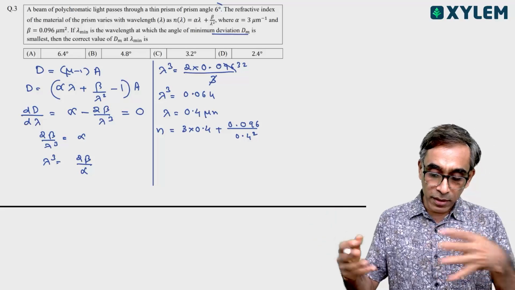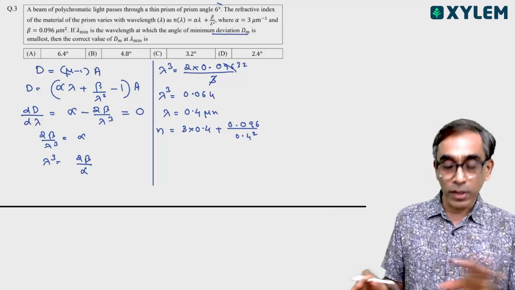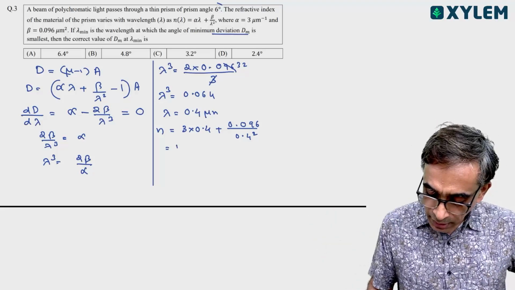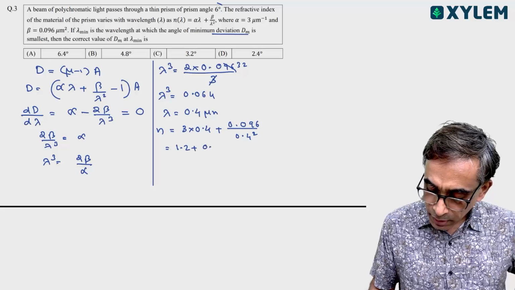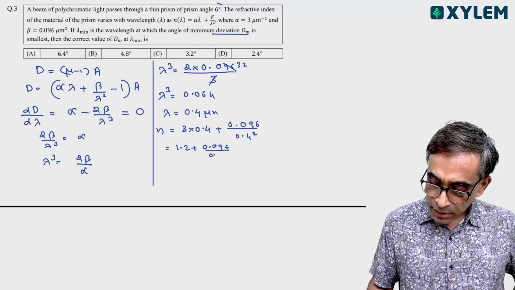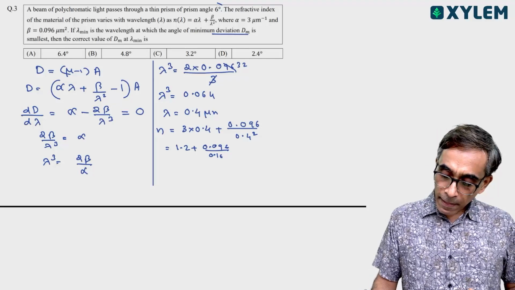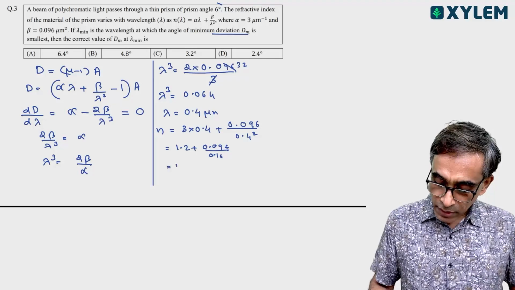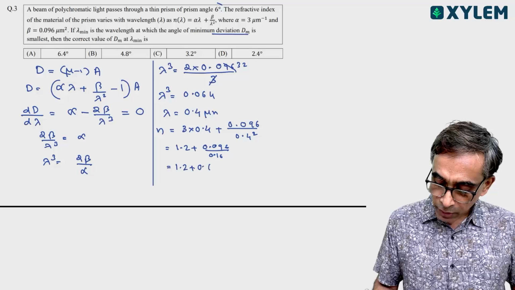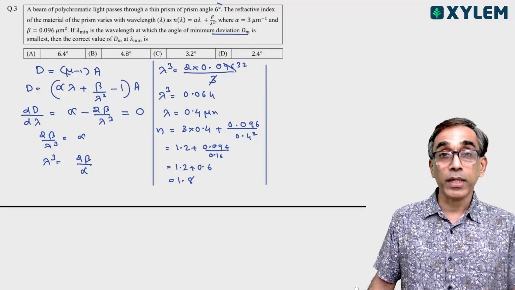Since the units are in micrometer, no need to convert them. This will give you 1.2 plus 0.096 divided by 0.16. That is 0.6, right? So that is 1.2 plus 0.6. This will give you 1.8. So the refractive index is 1.8.